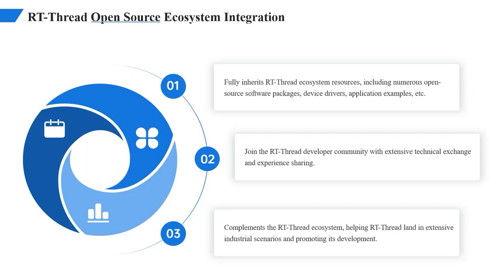And RuiQing integrates with the RT-Thread open source ecosystem, bringing 3 benefits: access to the RT-Thread open source packages and drivers, a global developer community for technology exchange, and ecosystem growth as RuiQing expands into the broader industrial scenarios.